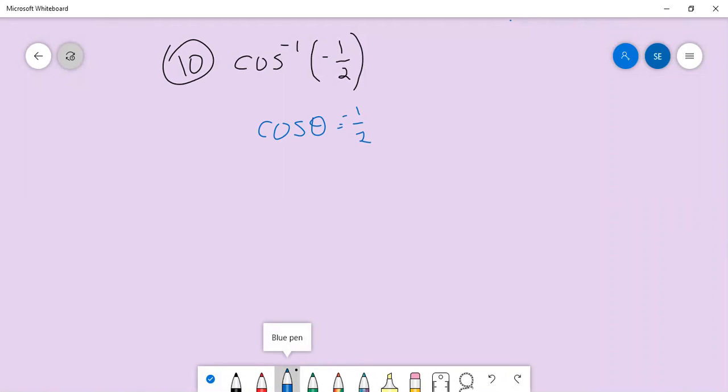When we do the inverse cosine, we have to restrict our possible outcomes. So cosine is restricted between 0 and pi. So we're looking for a number between 0 and pi whose cosine is -1/2.